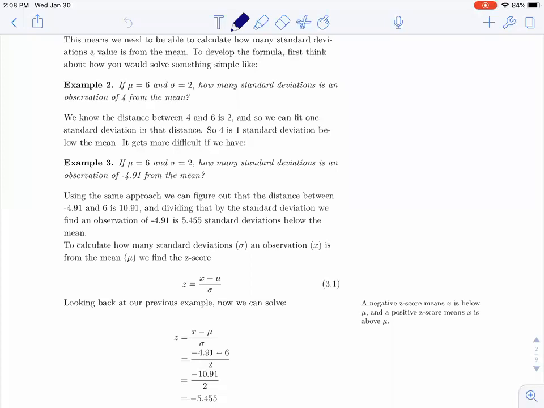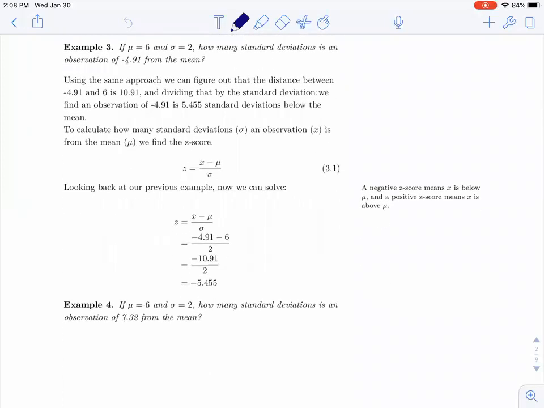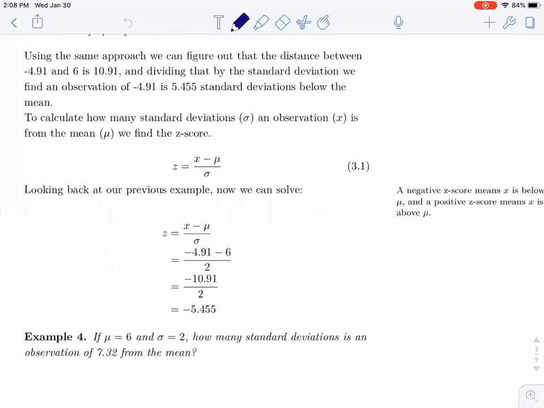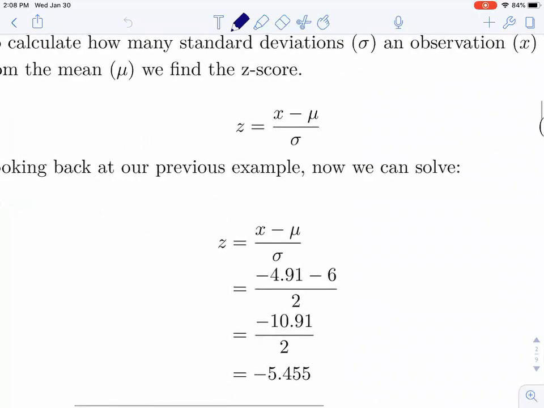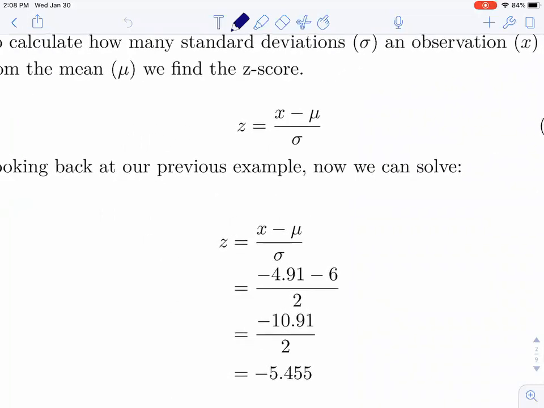Right? And that's where we developed the formula for Z. So Z is the observation that you're interested in, X, minus the mean over the standard deviation. Really, the distance between X and mu over the standard deviation. And that's on your formula sheet.